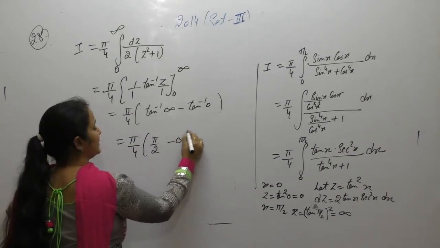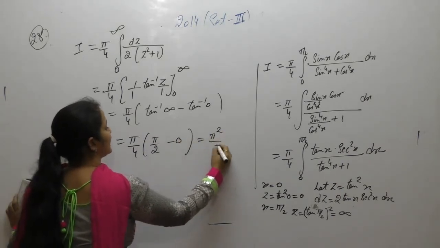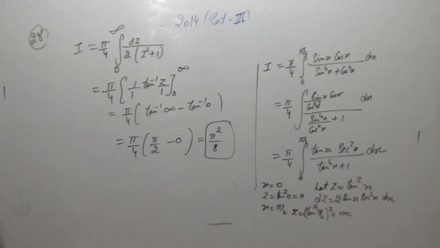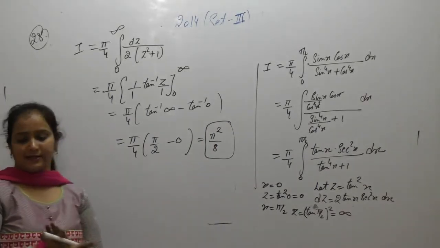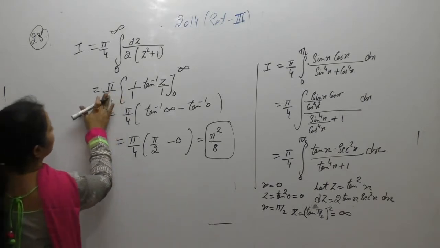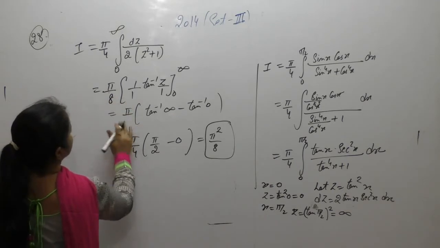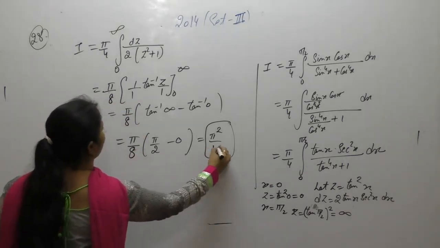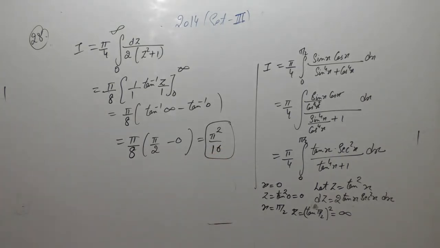Tan inverse 0 is 0, so we get the result as pi square by 8. Do not forget to change the limits. The factor of one half is also here, so pi by 8 into 2, 16. Pi square by 16.